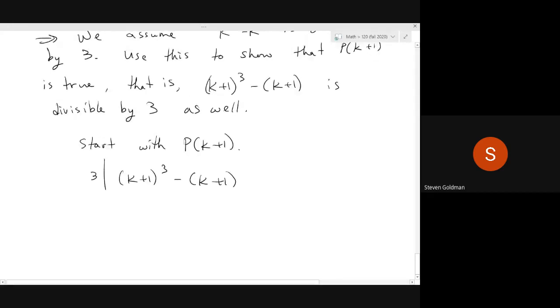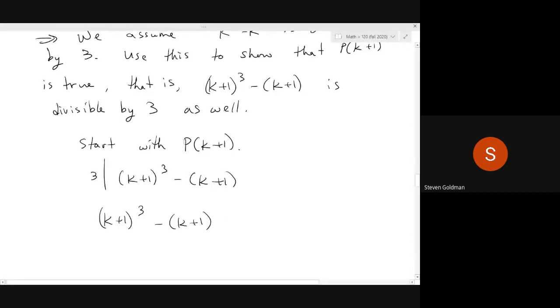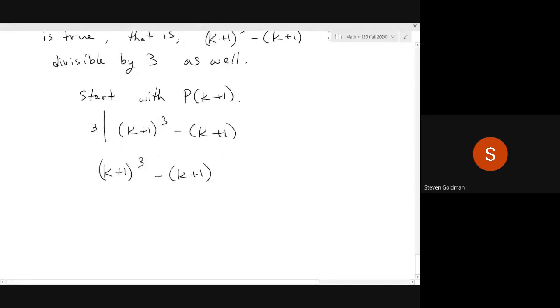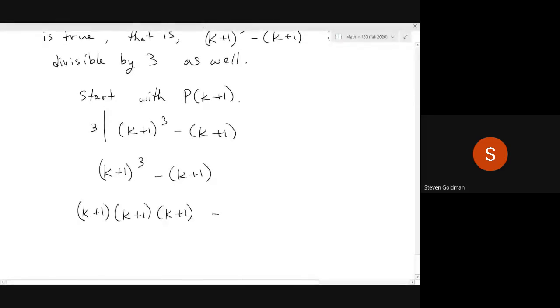So let's look at k plus 1 cubed minus k plus 1. Let me expand this a little bit. What is k plus 1 cubed? That's k plus 1 times k plus 1 times k plus 1, minus k plus 1. So k plus 1 cubed is that.